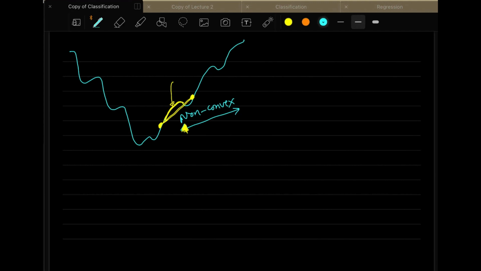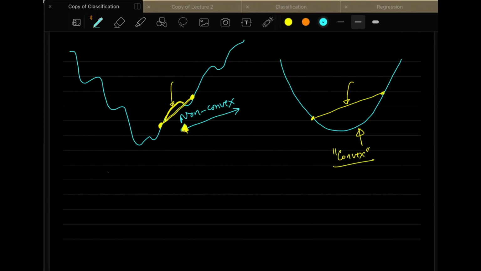But if you have a function which looks like this, then every time you draw a line between two points, the blue curve is below the yellow line. This type of property is followed by convex functions.